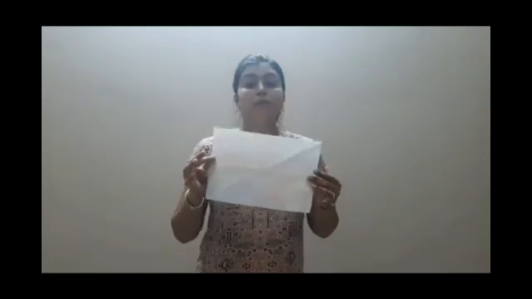Students, I explain you the concept of symmetry through one activity, and that activity is paper folding activity. Students, a question can come that tell whether a particular image or a shape is symmetrical or not. These kind of questions can come. So for that, I just took this piece of rectangular paper sheet and I am doing paper folding activity.